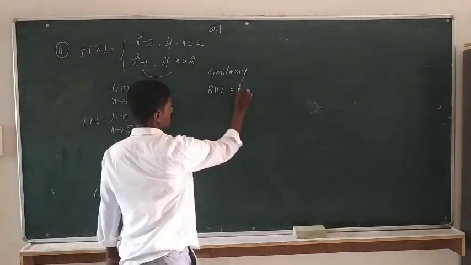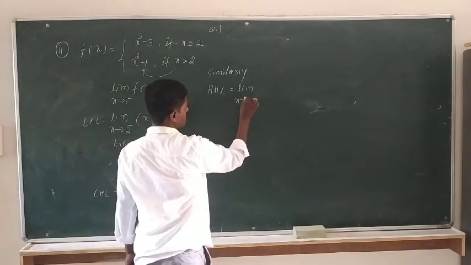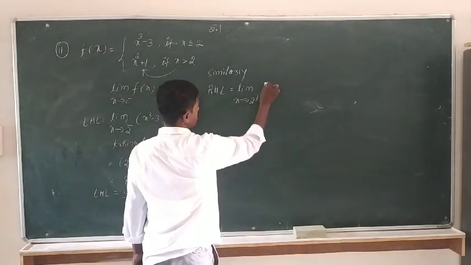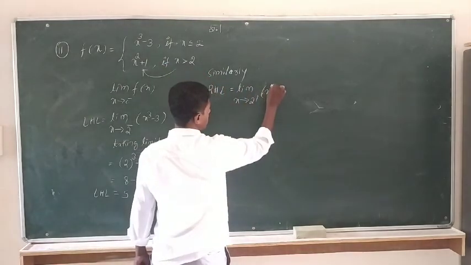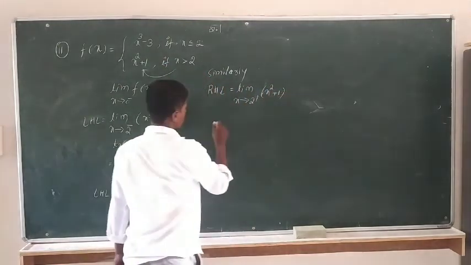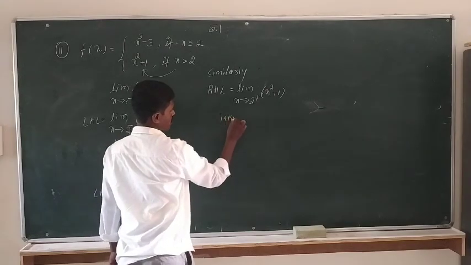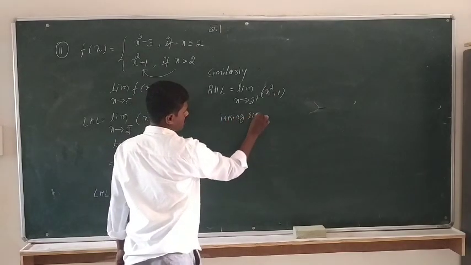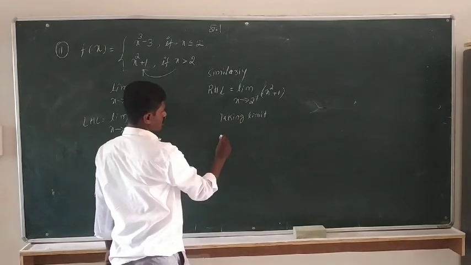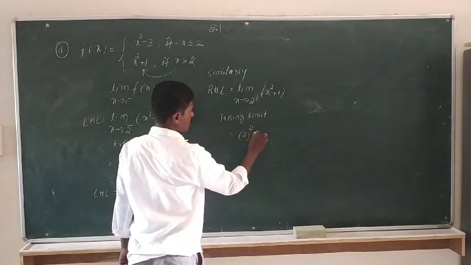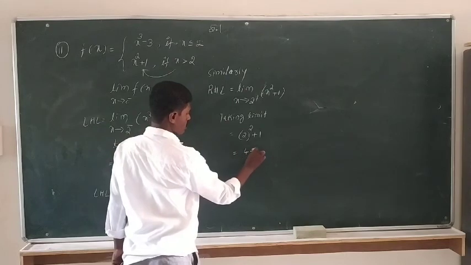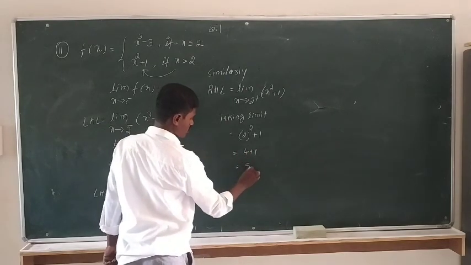So the limit as x tends to 2 plus, where the function is x square plus 1. Taking the limit, that is 2 square plus 1, that is 4 plus 1, which equals 5.